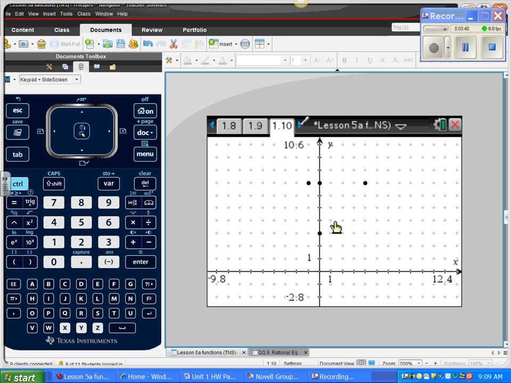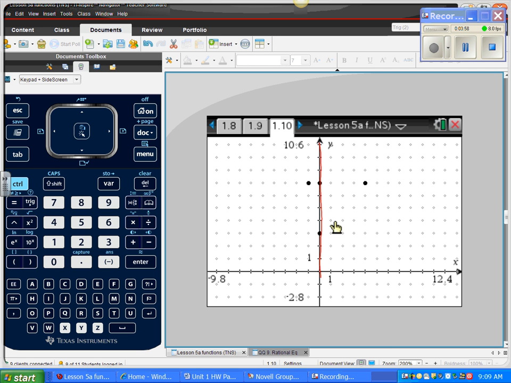Okay, good. So is this a function? No, why? What value of X? Yeah, 0 is being used twice, isn't it? Y can be used twice, but X cannot. So I have 2 values on that vertical line.